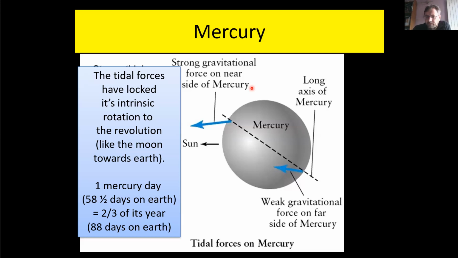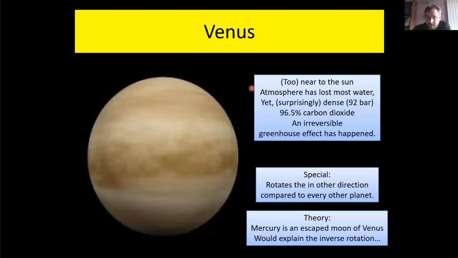So, a bit boring. The next planet is Venus. It's a bit too close to the sun. The atmosphere has lost almost all its water. Yet it's surprisingly dense. It's 92 bars, 96.5% carbon dioxide, a heavy molecule, with a relatively big escape velocity. Lots of carbon dioxide. What does this mean?